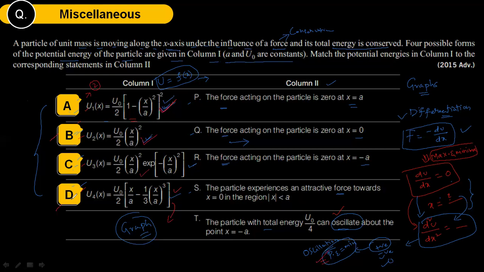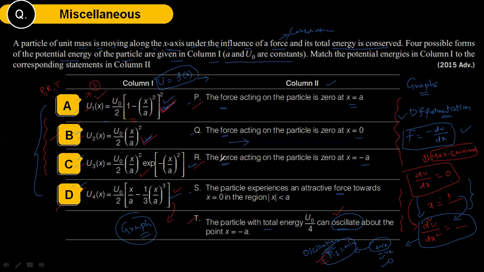Okay guys, I hope we have seen maximum knowledge and ideas. The only thing is you should go for the simplification. Once you simplify after following this detailed information, A will satisfy the P condition, R condition and T. So the right options for A will be P, R, T. Very simple guys.